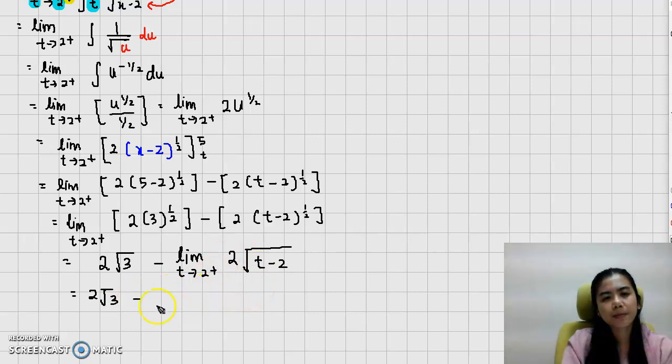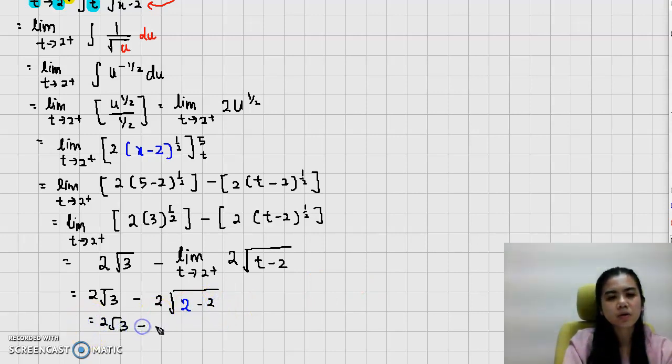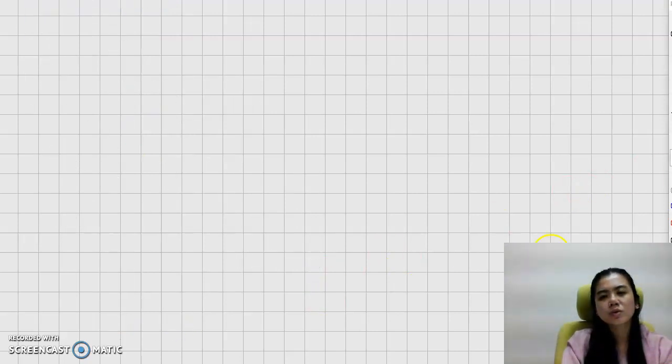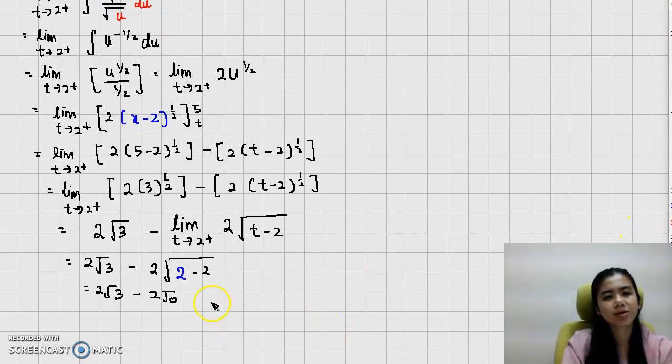We sub t with 2 here, and minus 2, so 2 minus 2 will basically give you 0. So 2 root 0 is actually 0.